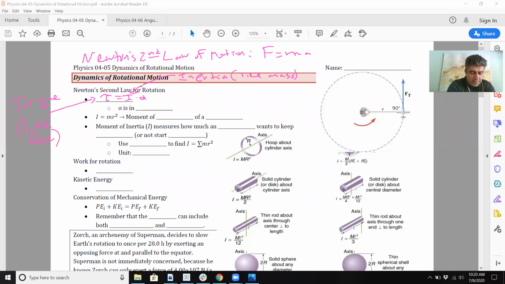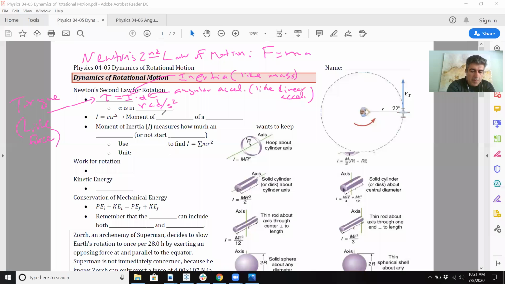And the alpha is angular acceleration, which is like linear acceleration. Alpha is going to be in radians per second squared.